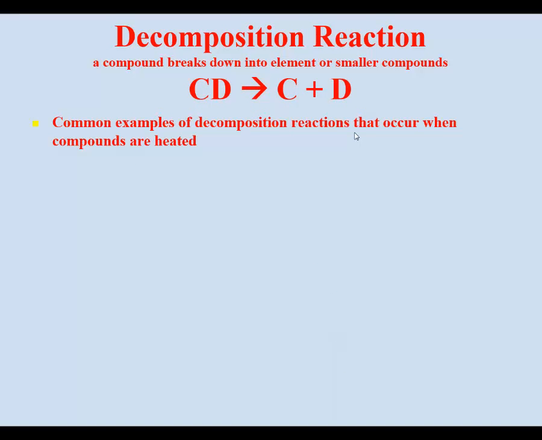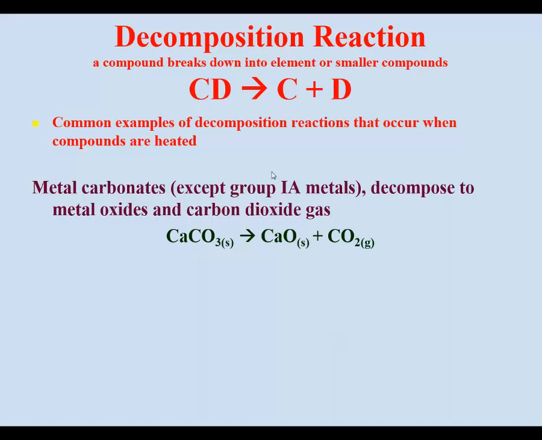A few other examples of common decomposition reactions are looking at carbonates. So if I heat up carbonates, let's say I take calcium carbonate and heat it up, it will decompose and form a simpler compound, calcium oxide. So we end up having metal carbonates. Whatever the metal was, I just chose calcium here. But whatever metal I had, those carbonates, when we heat them, will decompose to form that metal oxide.